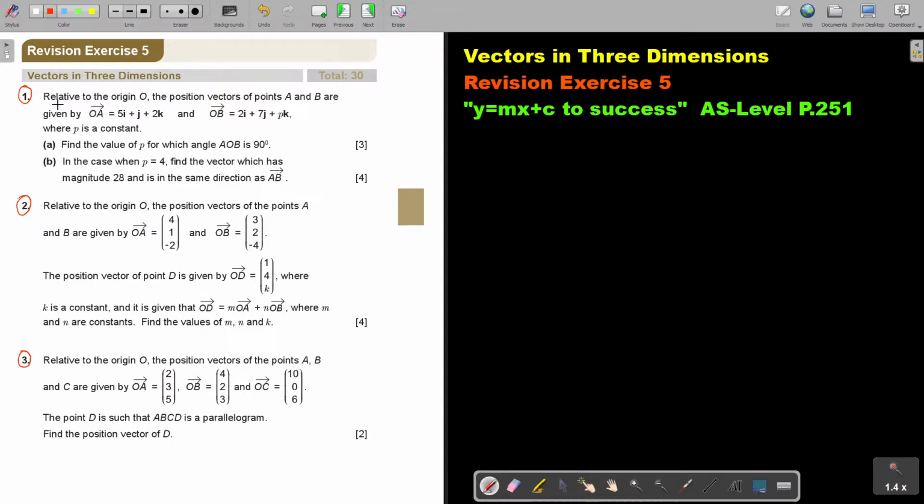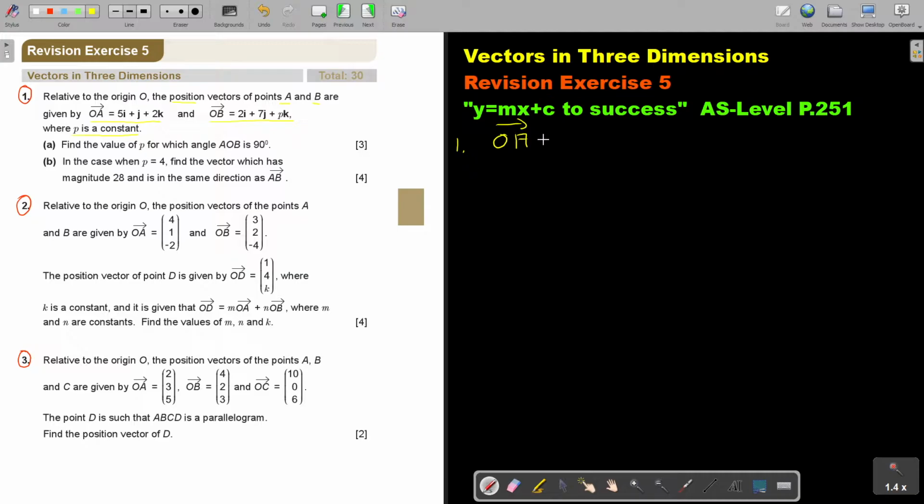Let's start. Number 1. Relative to the origin O, the position vectors of A and B are given by OA and OB, where p is a constant. I always like writing it down first for myself.